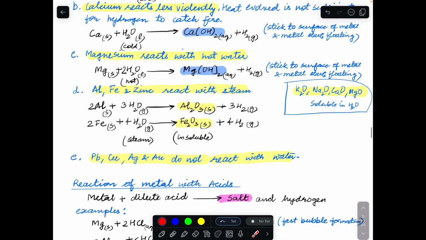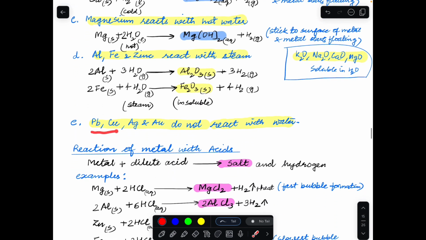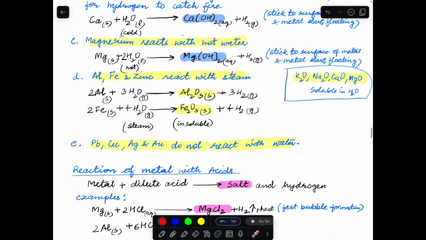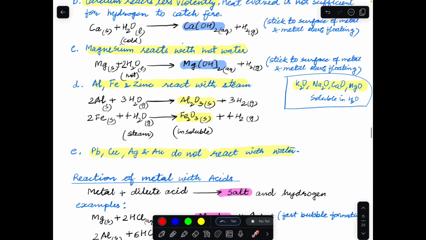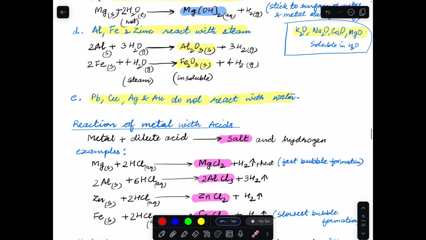And the last ones are lead, copper, silver and gold. They will not react with water. Remember the formulas: Pb is lead, this is copper, this is silver and this is gold. So different metals have different reactivity with water. Most reactive are potassium, sodium, calcium, and the least reactive are lead, copper, silver and gold.